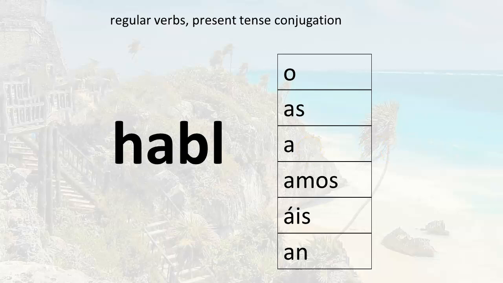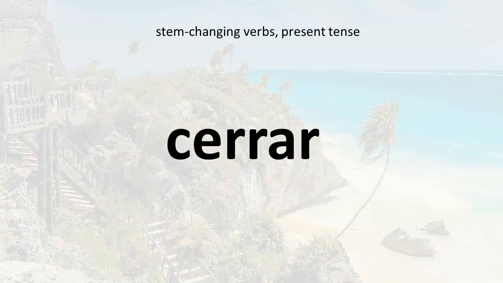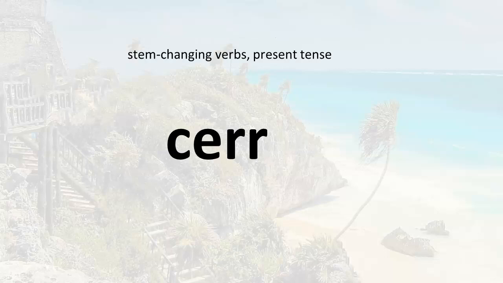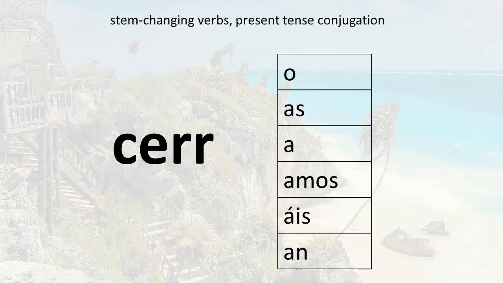So now we are going to take a look at what we call a stem-changing verb. So how do you find the stem of a stem-changing verb? Well, you do the same thing. You remove the AR, and what you're left with is the stem. Since this is a stem-changing verb, what's going to happen is the stem will be different for some of the forms.